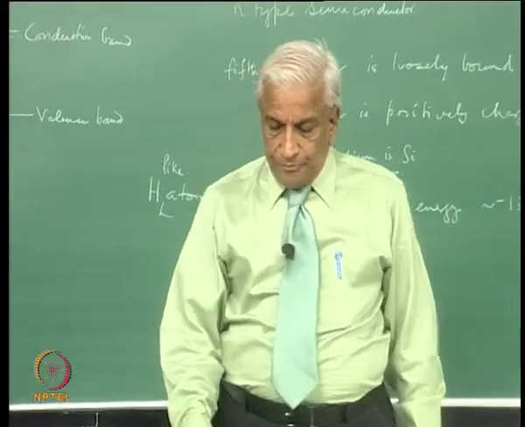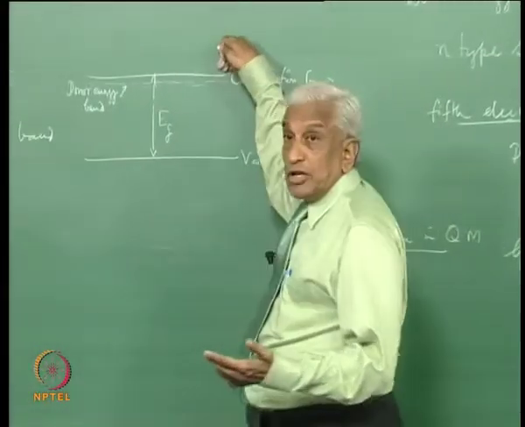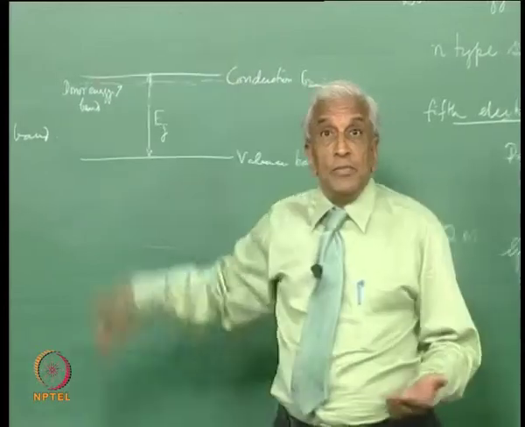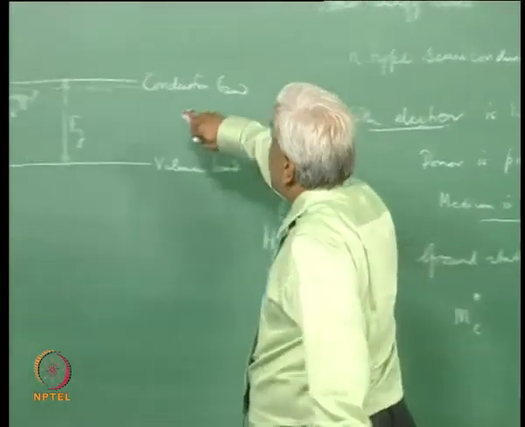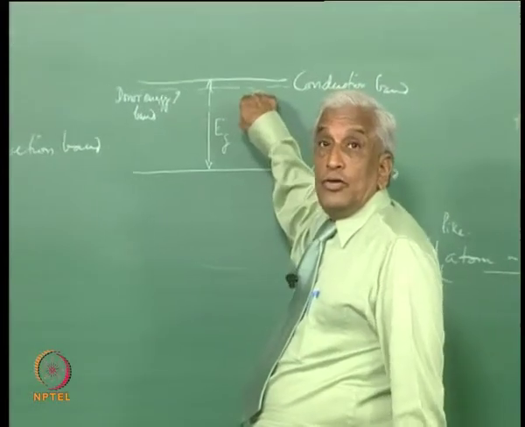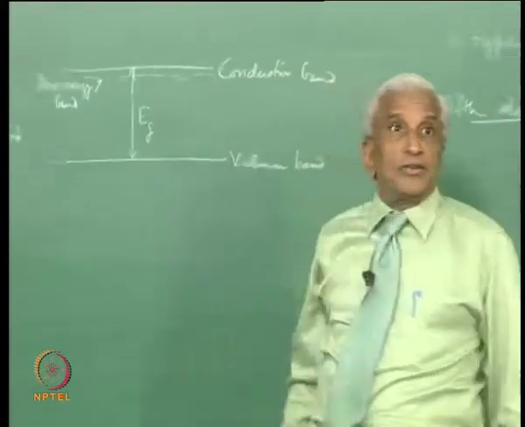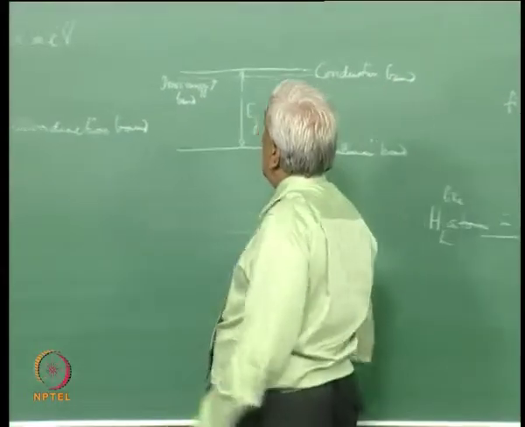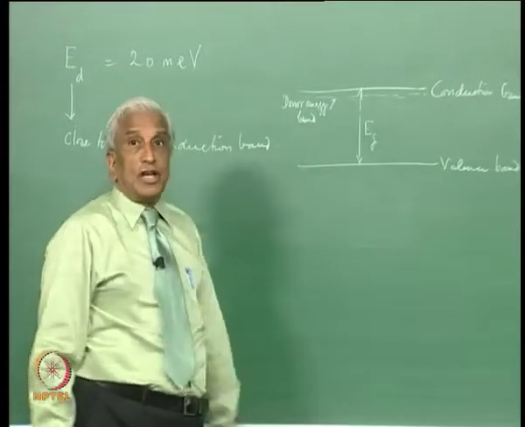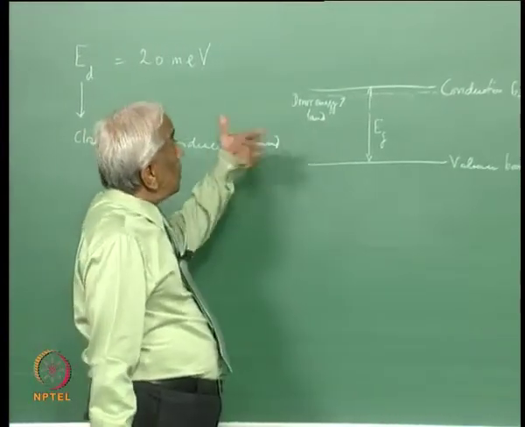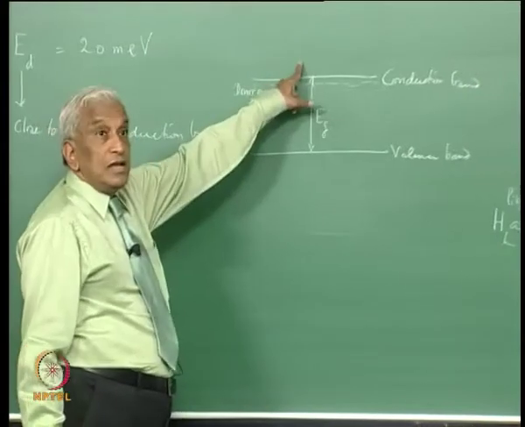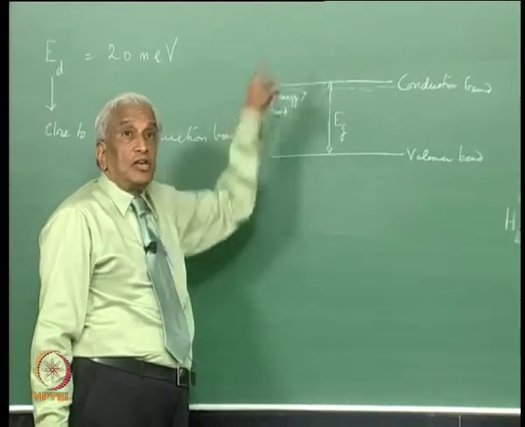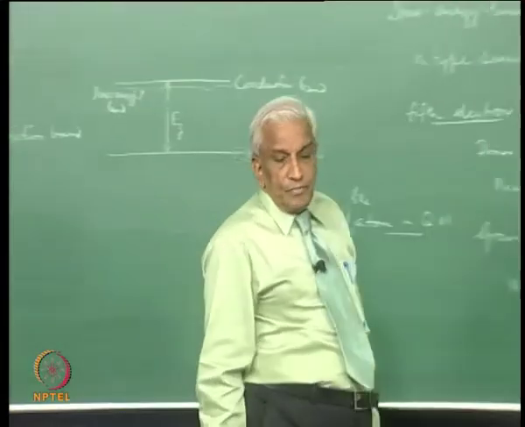So, this is so close to the bottom of the conduction band that thermal excitation can provide a very convenient way of exciting the electrons from the donor levels into the conduction band, thereby facilitating conduction. So, the fraction of electrons thus excited thermally or otherwise from the donor band to the conduction band is relatively large in comparison to the fraction which is excited across the energy gap from the valence band.